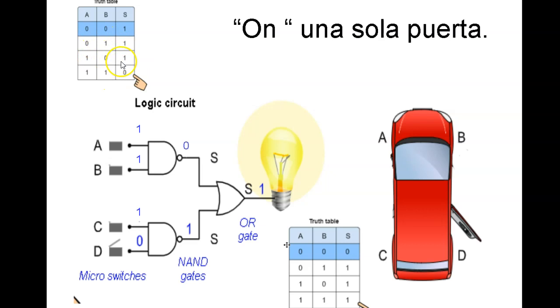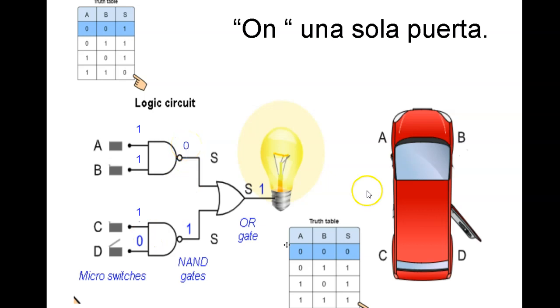The NAND gate has this truth table, and the OR gate is represented by this truth table. So in case I have just 1 door open, if this logic circuit is in the one state, I obtain 0. 0 means off.